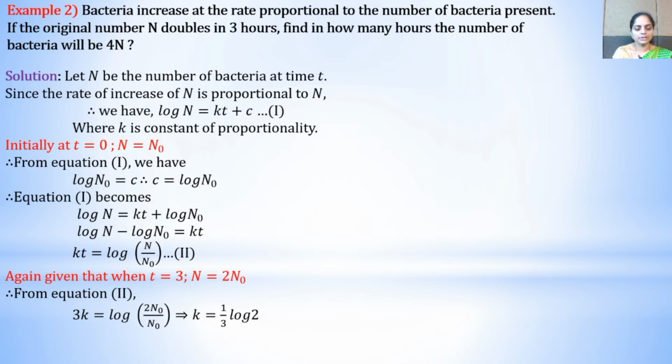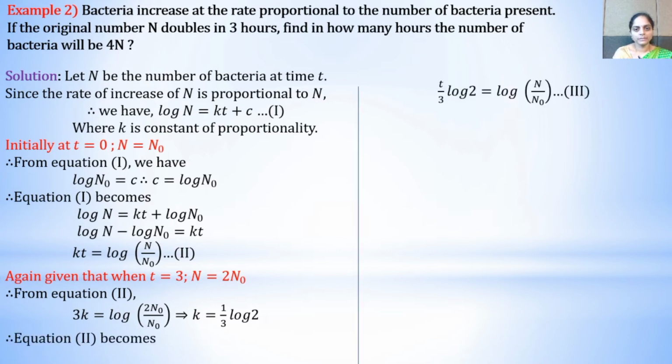Here N0 gets cancelled. So we get k equal to 1 upon 3 into log 2. Now we put the value of k in equation 2. So equation 2 becomes t divided by 3 into log 2 is equal to log of n divided by N0. This is our equation number 3.